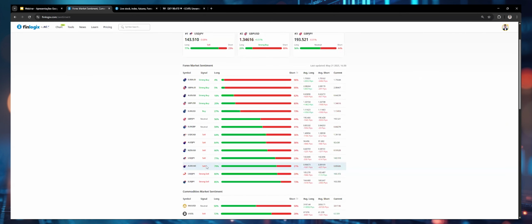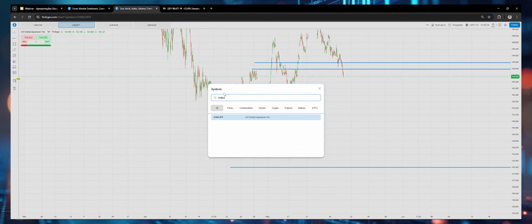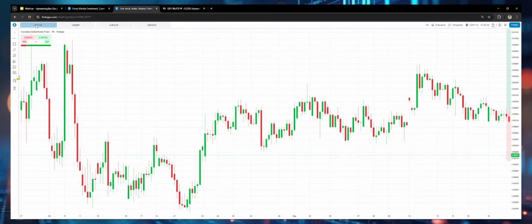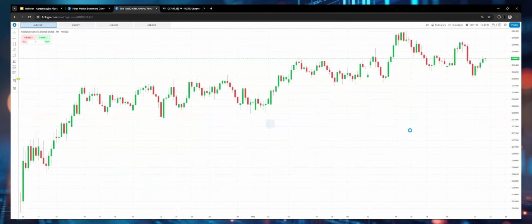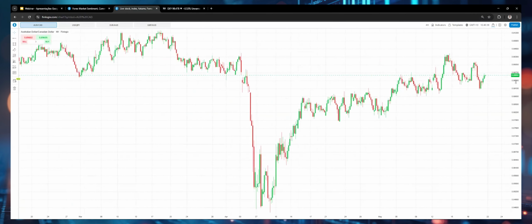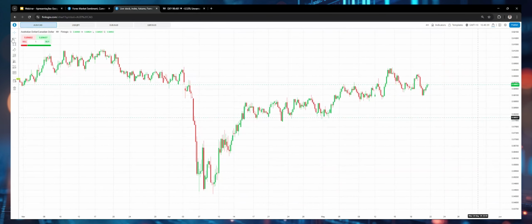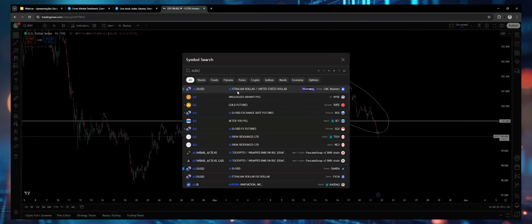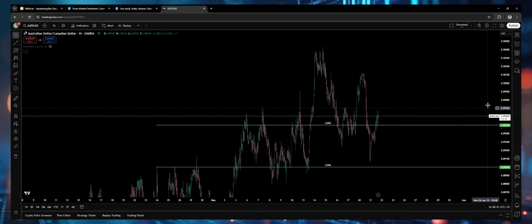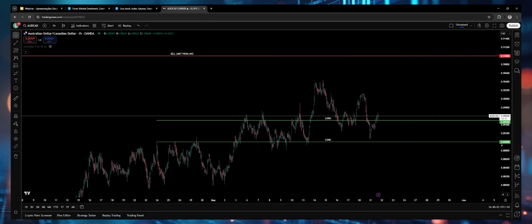Next one is Aussie CAD looking to short. Aussie CAD, I was long a few days ago. I'm sorry, I'm still long since a few days ago. I'm looking at the 91 level now. For those who don't know, I kind of like to use, there you go.